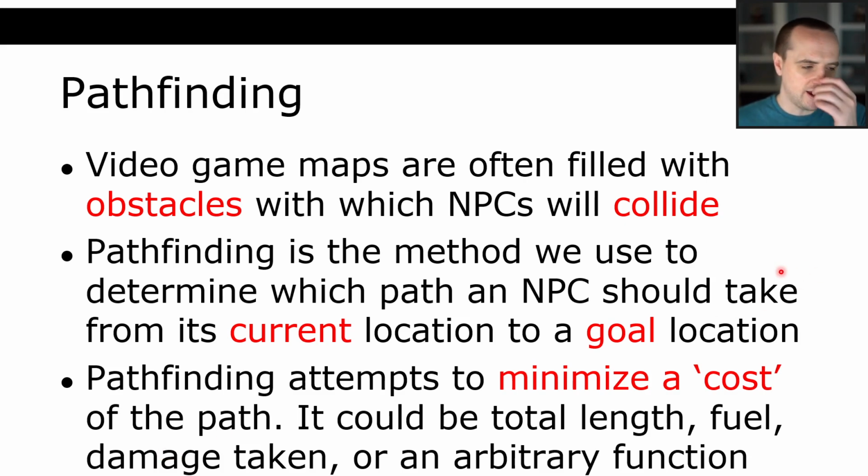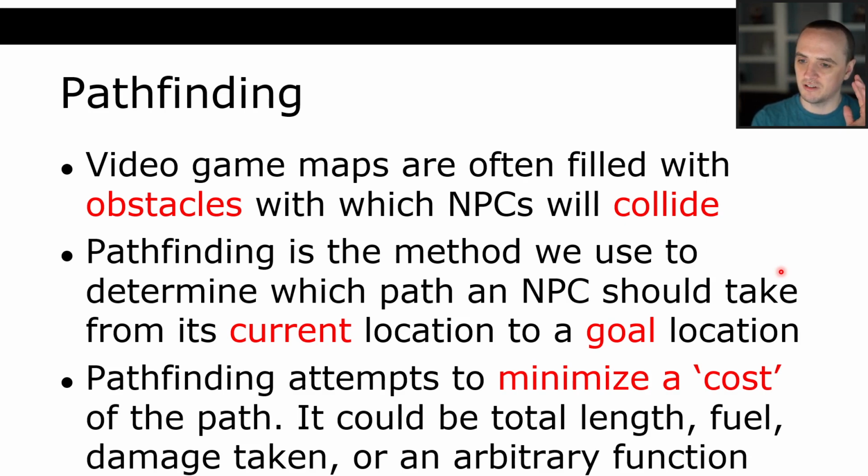So let's say that you have an NPC that's trying to reach the player, but what happens? Let's say there's some lava in the way, right? The NPC might have 100 hit points. It wants to get to the player, maybe in an attempt to attack them or something. But do you want that NPC to possibly kill itself walking over the lava in order to get to the player, right?